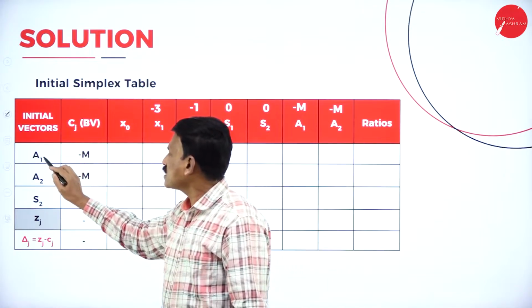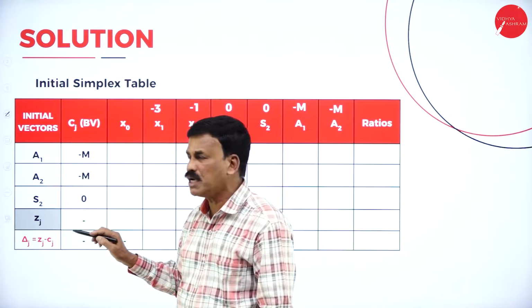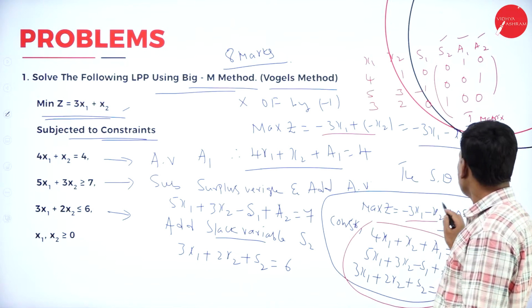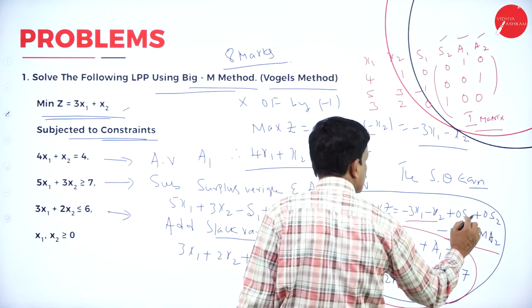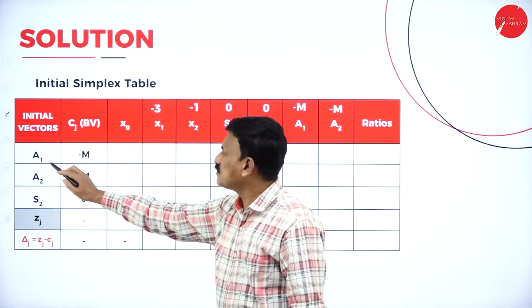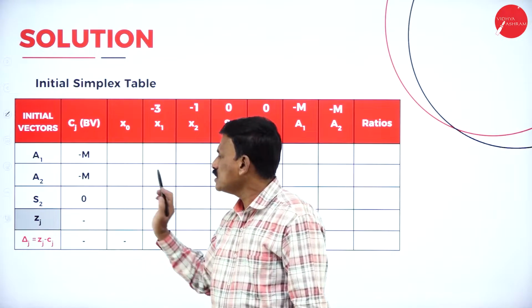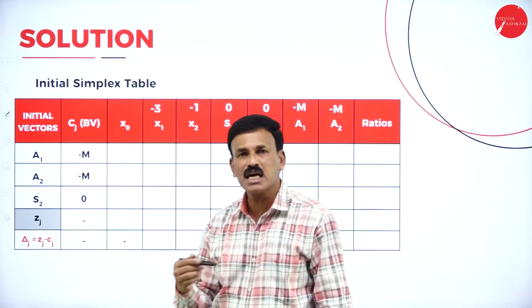The initial vectors are a1, a2 and s2 because they form an identity matrix. Their costs are -M, -M and 0. Then zj and delta j, which is zj minus cj as usual.